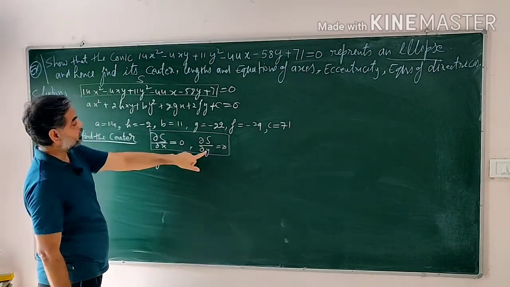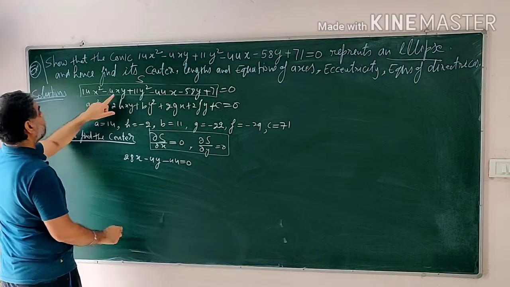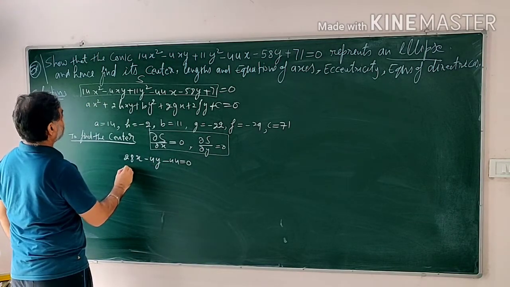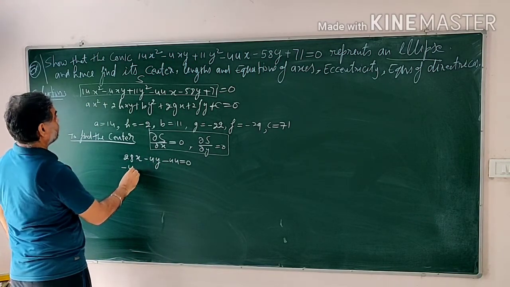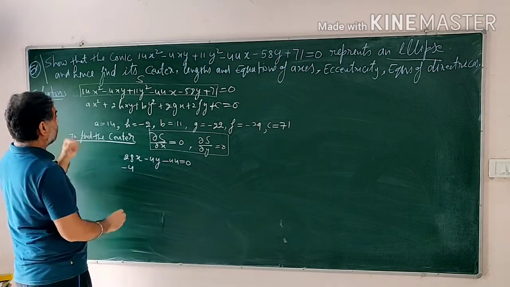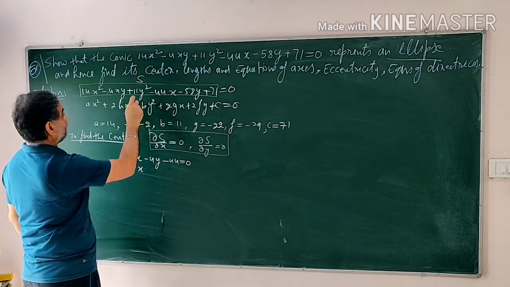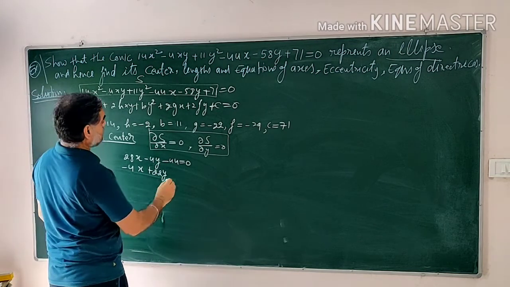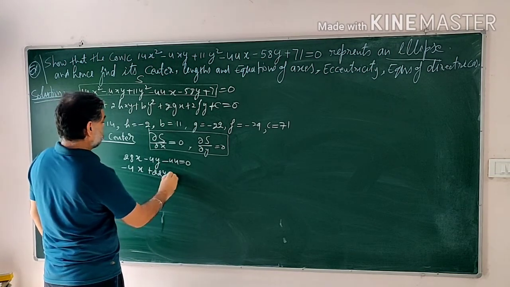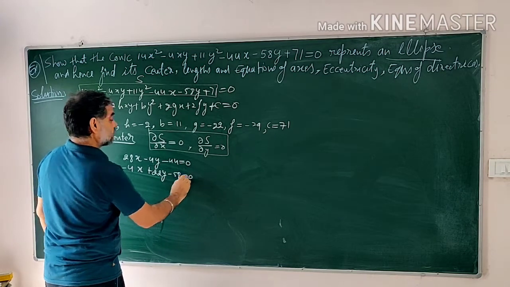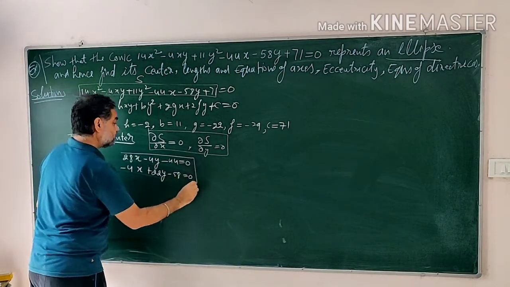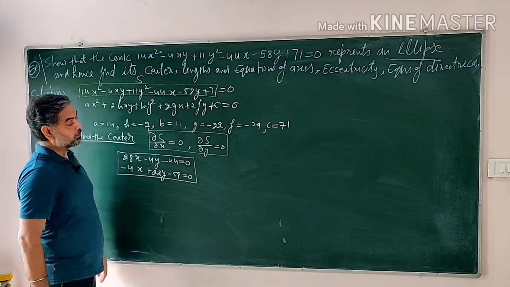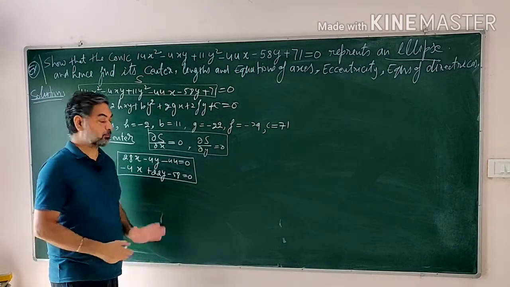And the partial derivative of S with respect to y is −4x + 22y − 58 = 0.